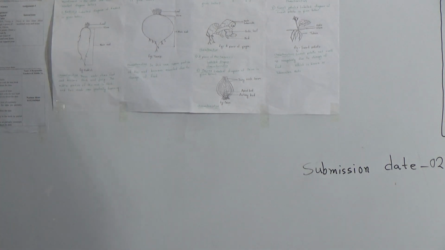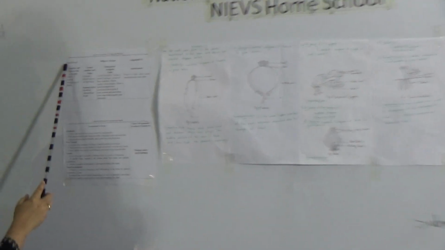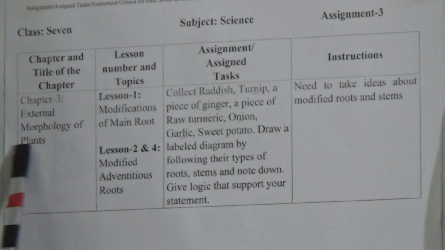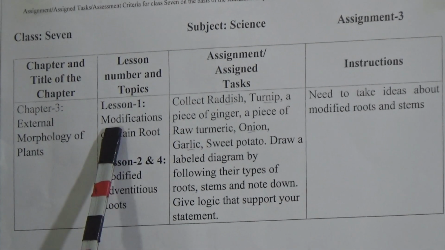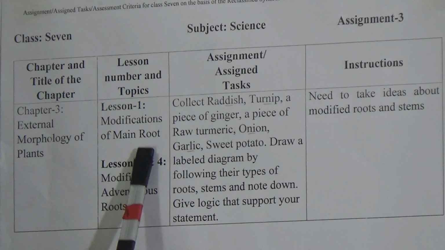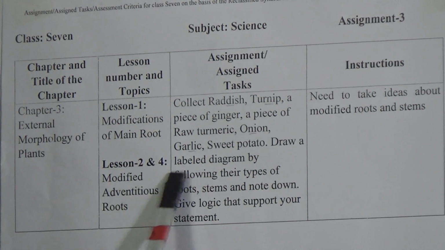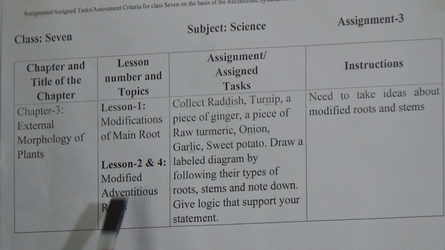Students, look at here. This is your assignment task. This is based on chapter 3, External Morphology of Plants, lesson 2 modification of main root, and lesson 4 modified adventitious roots.